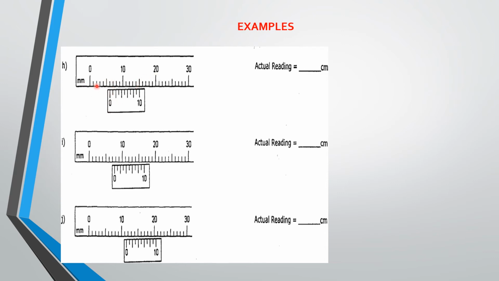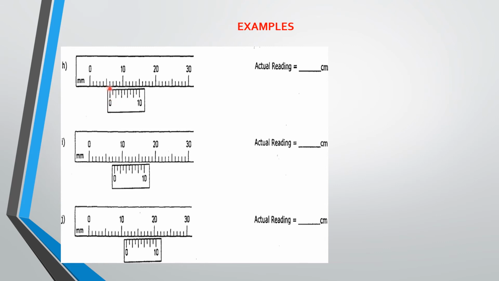If you count on the main scale, you count 1, 2, 3, 4, 5, 6. So 6 is the mark on the main scale that is close to the zero of the Vernier scale.